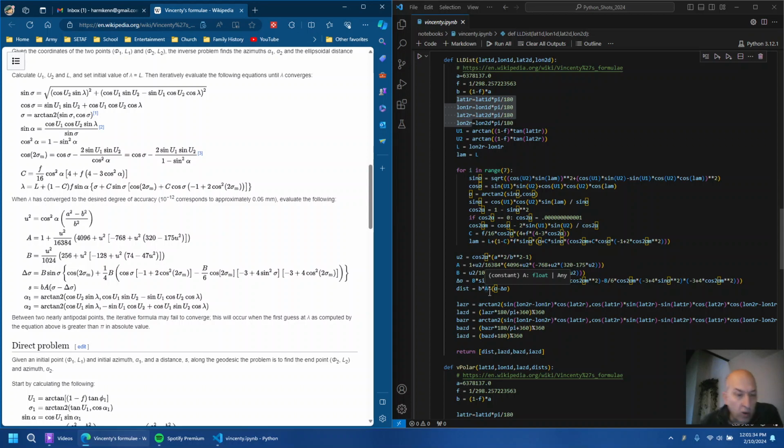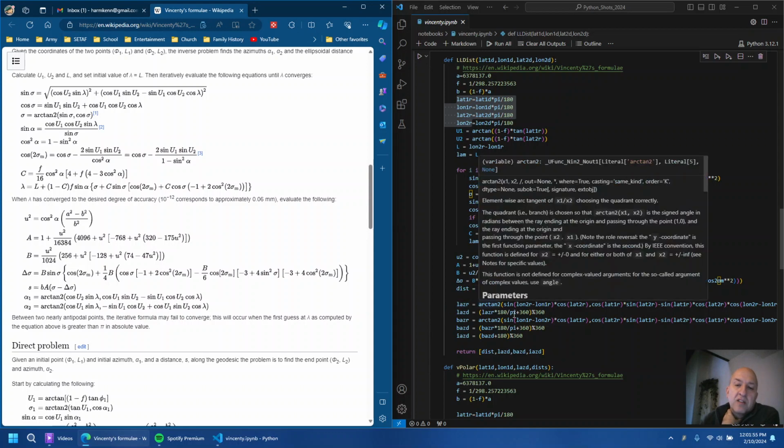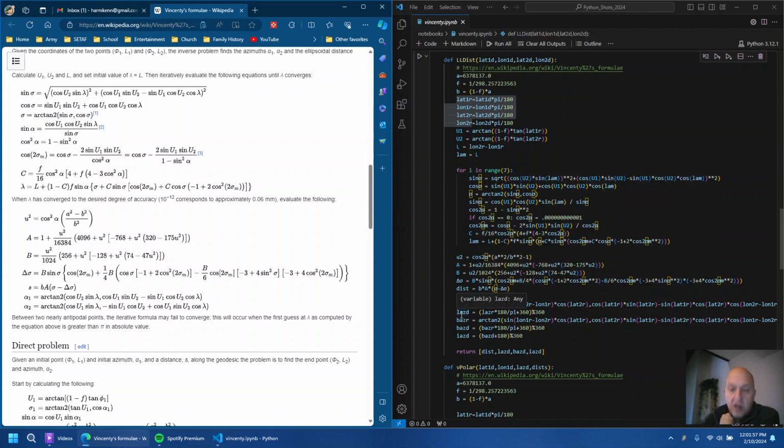Now also we get from these guys the direction from point 1 to point 2, and then the backwards direction. That's what I get from these. I get the direction from point 1 to point 2 in radians, and then I convert it back into degrees.